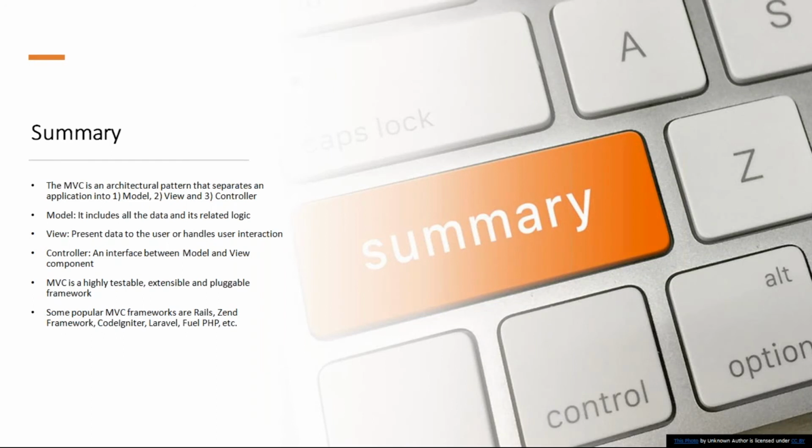So to summarize everything, MVC is an architectural pattern that separates an application into a model, view, and controller. The model includes all your data, your database, and the logic that handles all the primary data functions like CRUD. Then the view is your presentation layer and handles everything concerning user interaction, your user interface, while the controller is an interface between the model and the view components.